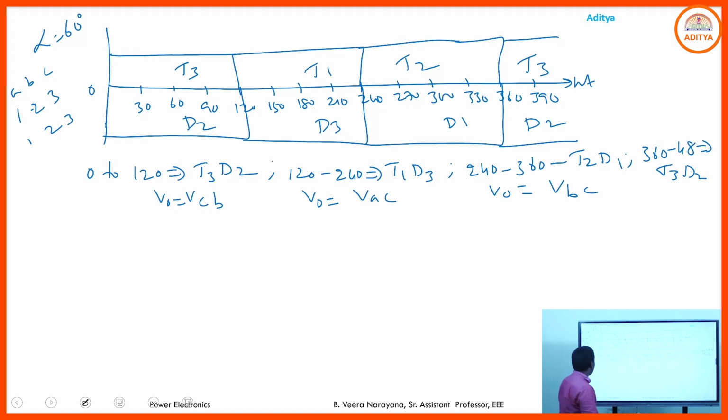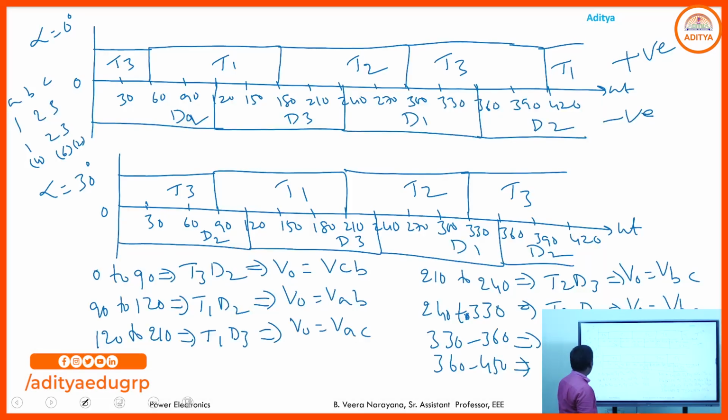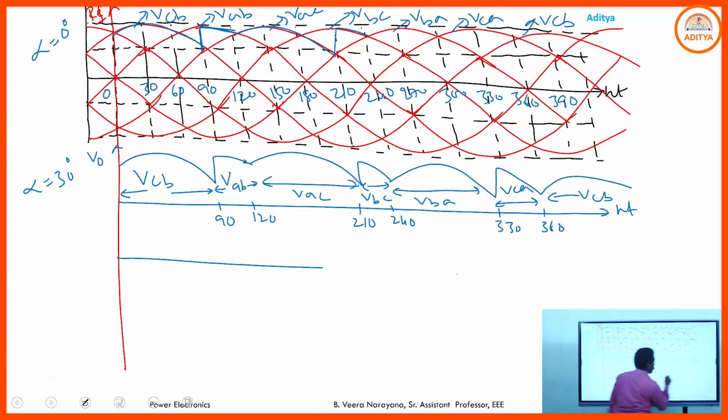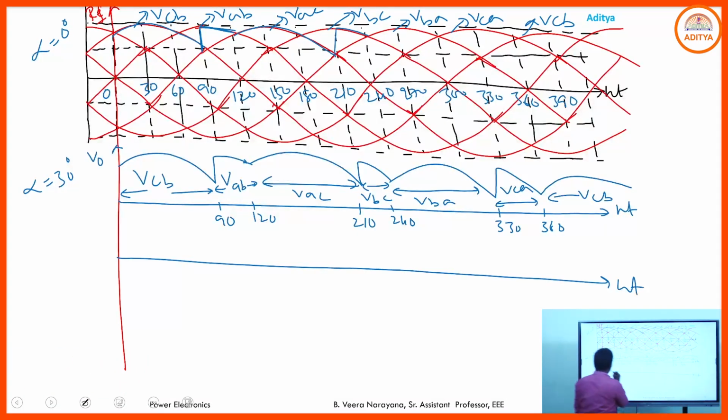Then the output voltage becomes, 0 to 120, VCB. Where is the VCB line? Here is the output voltage for alpha equal to 60, VCB, this one, like this. 120 to 240, VAC. Where is VAC?